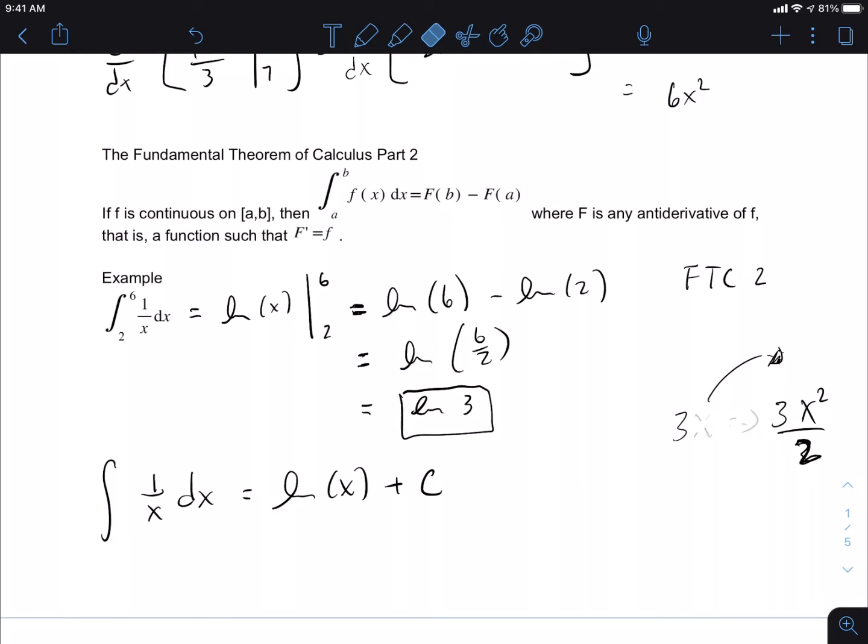Because then eventually, I'm going to do stuff like this to you. 2 cosine of x. What is that? What would get me that? If that's the derivative, what was the original function?